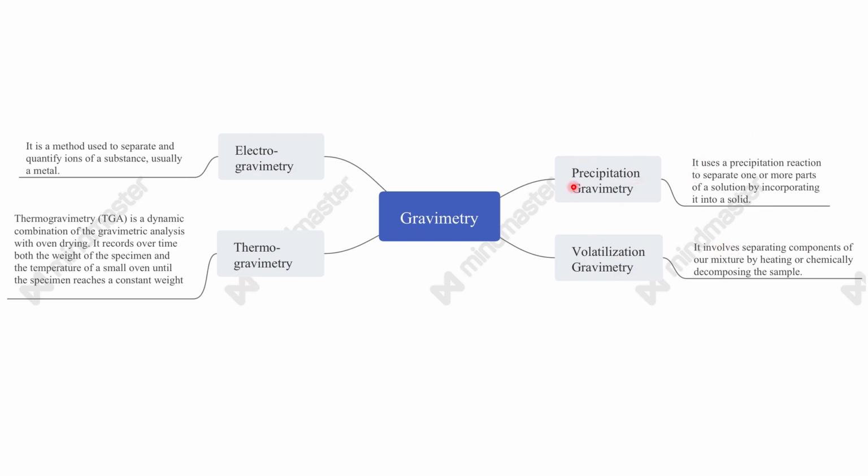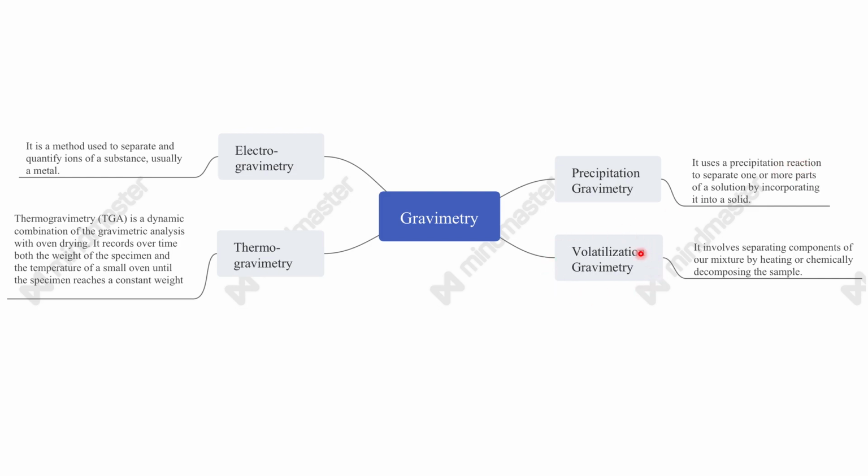Precipitation gravimetry basically means that whatever analyte is there in the sample which you need to measure is converted into some form of a precipitate by addition of certain precipitating agents. By measuring the amount of the precipitate, you would be able to find out the amount of the analyte.